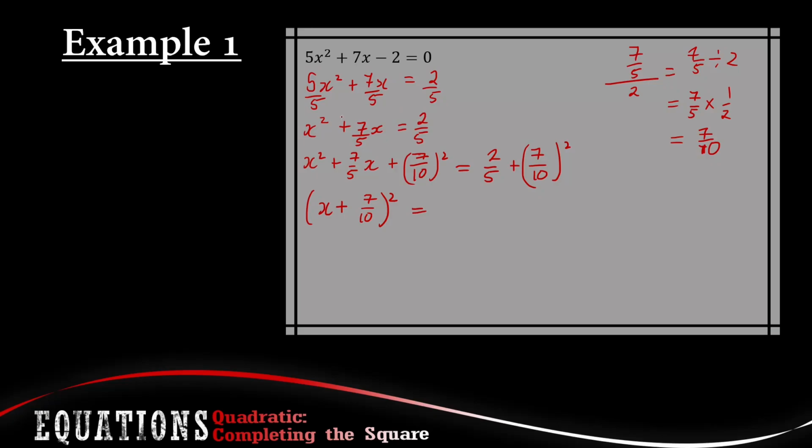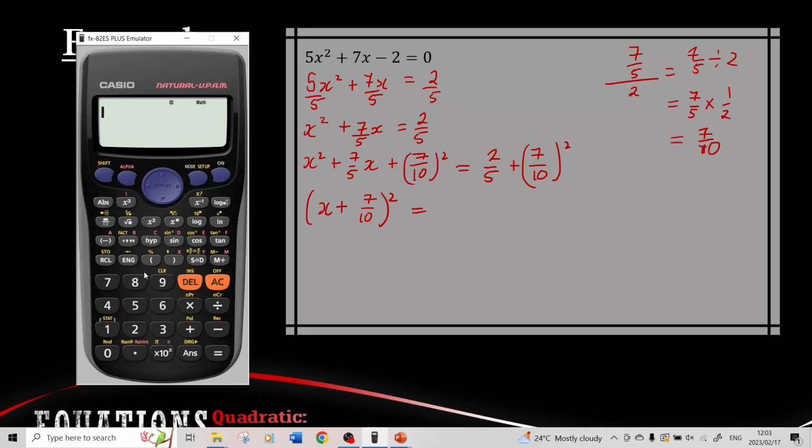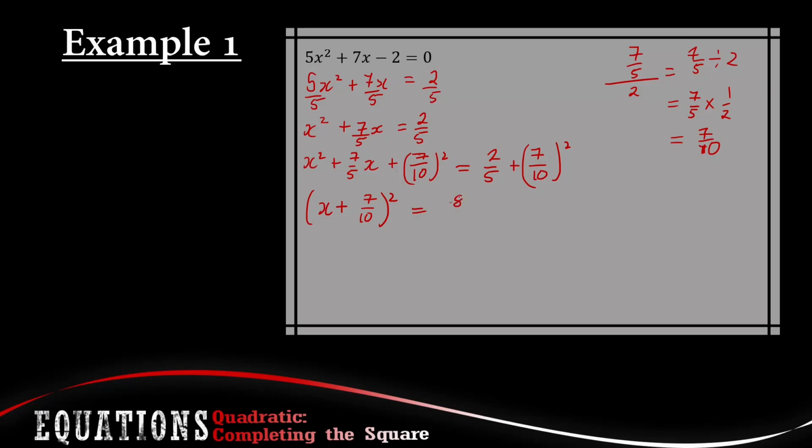We have 2 over 5 plus, and 7 squared is 49, and 10 squared is 100. That gives us 89 over 100.